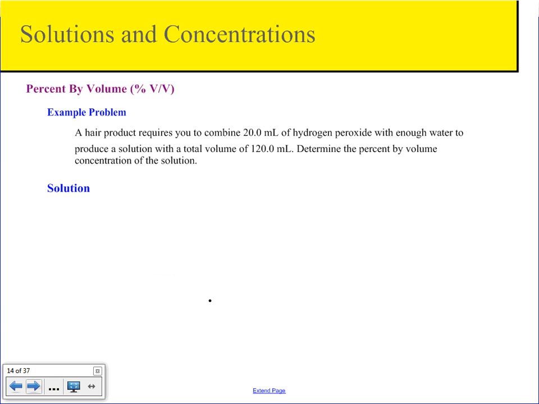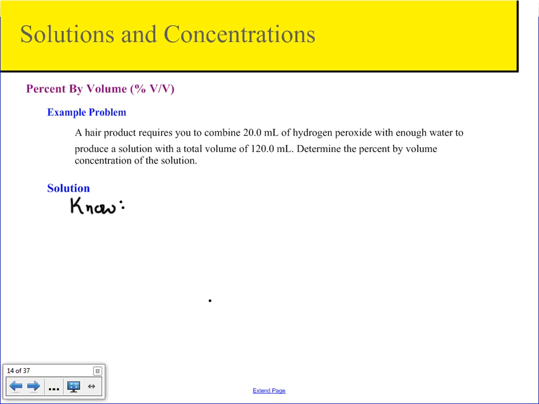A hair product requires you to combine 20 milliliters of hydrogen peroxide with enough water to produce a solution with a total volume of 120 milliliters. We need to determine the percent by volume of this concentrated solution. So first I'm going to write down what I know.